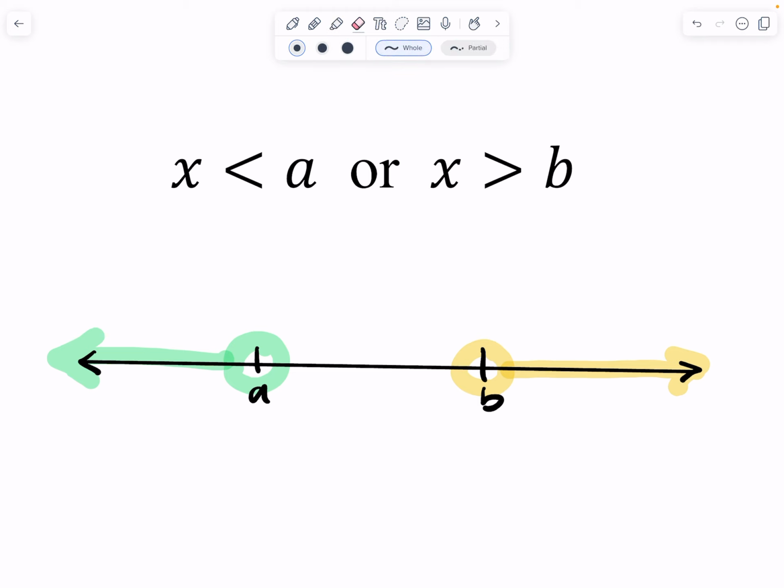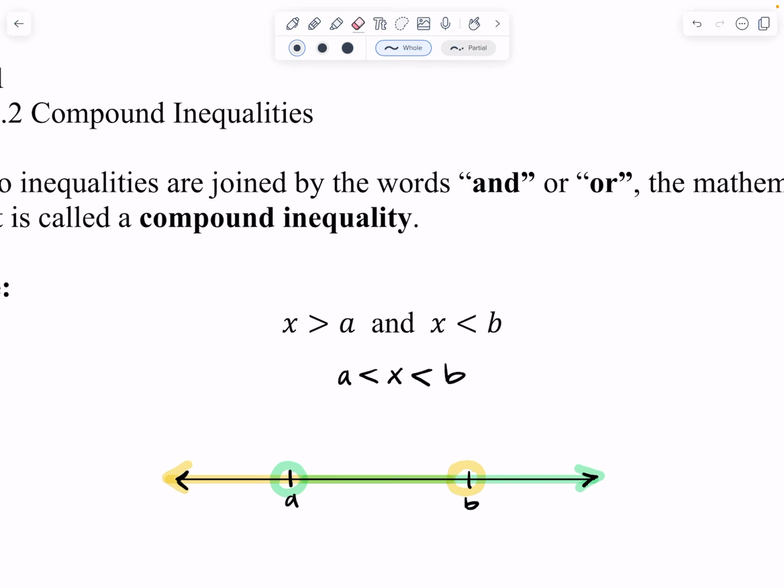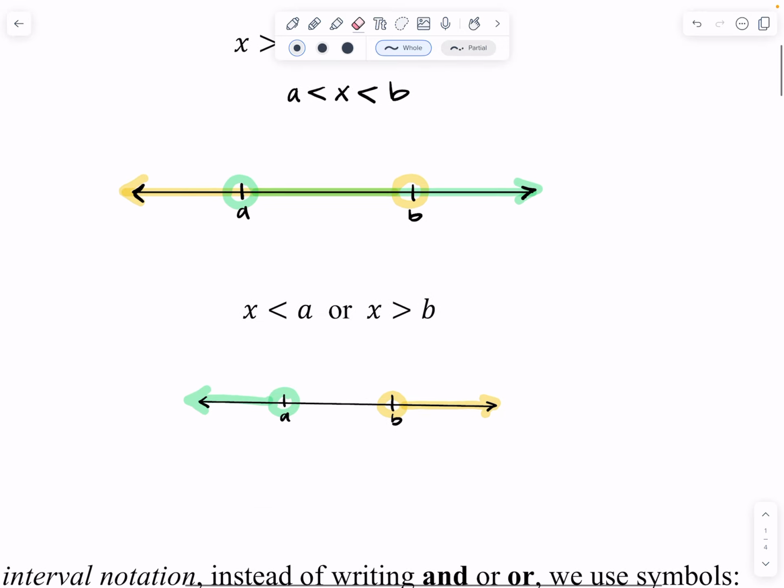So if a number were to fall in either of those intervals, it would make the statement true because it's one or the other that the number would have to satisfy, versus whenever we have the "and" statement, both of those inequalities would have to be satisfied to be part of the interval of numbers that inequality represents, or the solution set to the inequality, as we refer to it.